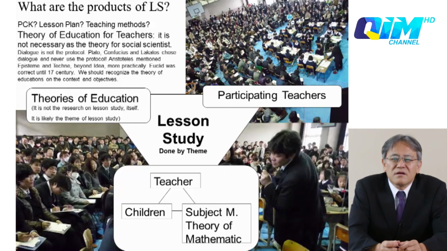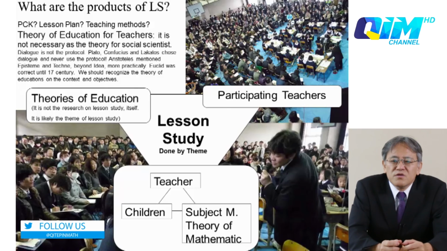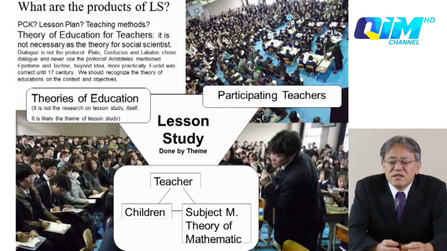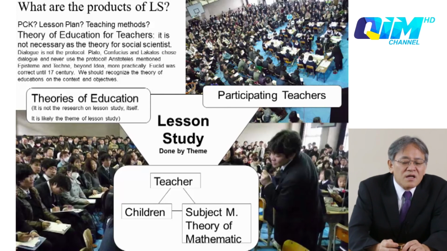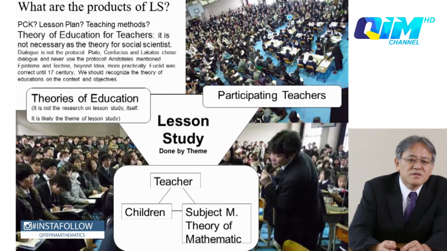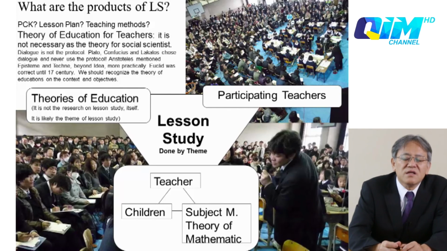At the age of Plato, in ancient Greece, Euclid was recognized as idea. However, Euclidean geometry in the current meaning does not exist as an idea, because that axiom was already denied in the 19th century.